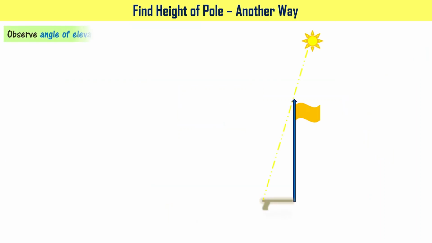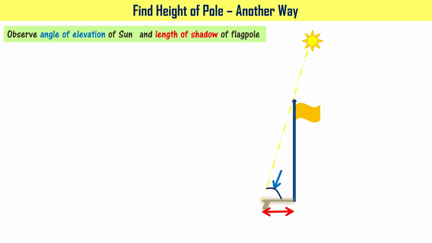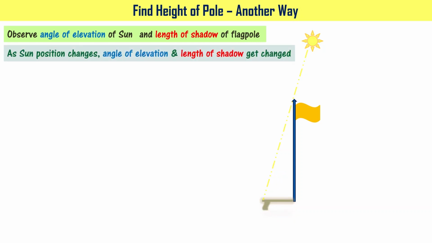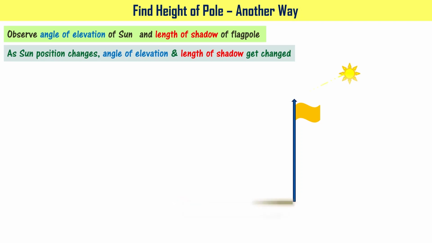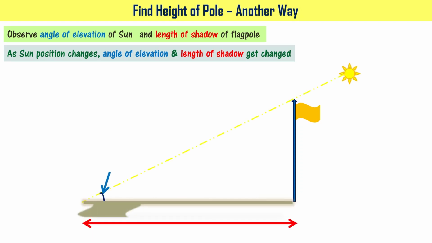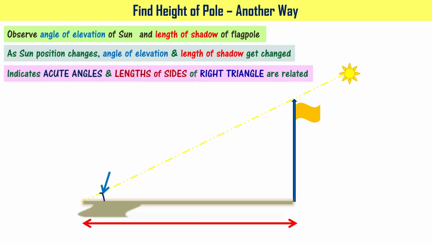Let's see another way of doing it. Let's observe the angle of elevation of the sun and the length of the shadow of the flagpole as a function of time. As the sun's position changes, the angle of elevation and length of shadow are getting changed, right? That's what you observe in the figure. Now I say that it is indicating that acute angles and lengths of sides of right triangles are related.